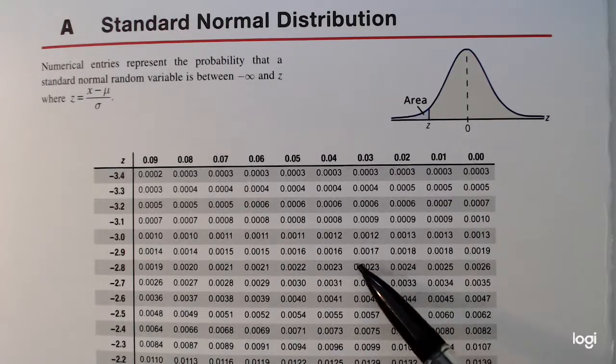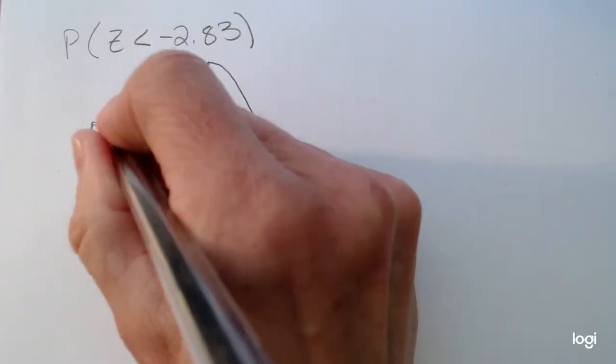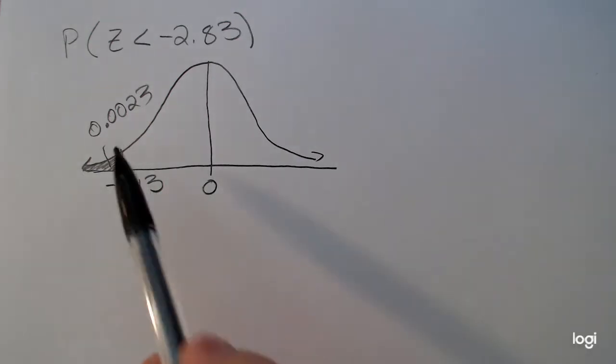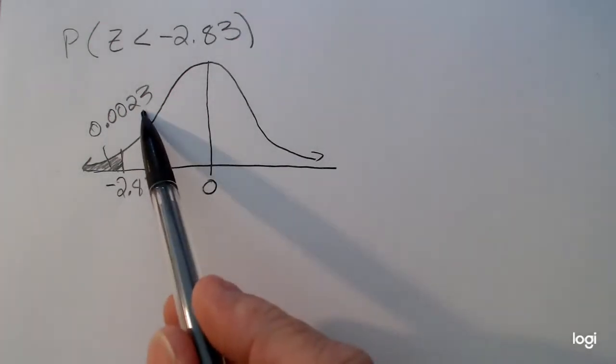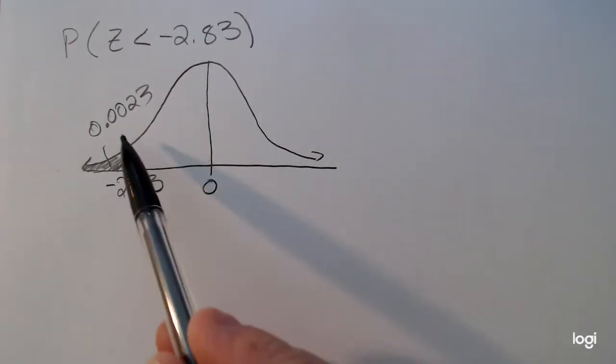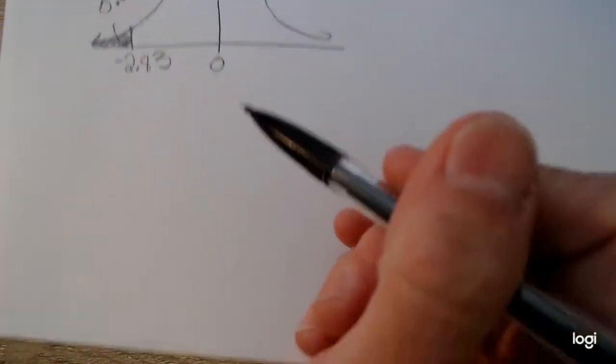So I have an area or a probability of about 0.0023. A very small area in that tail. So that is also the same thing as saying the probability of randomly selecting a z-score that is less than negative 2.83 is 0.0023.